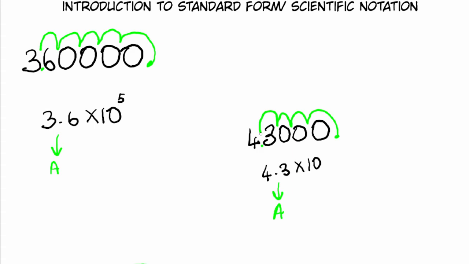But is it a positive or a negative 4? Well, just looking at our original number of 43,000, we can see that it is greater than 1, and thus our n value would be positive. So we end up with 4.3 times 10 to the 4th power, and that would be our final answer.